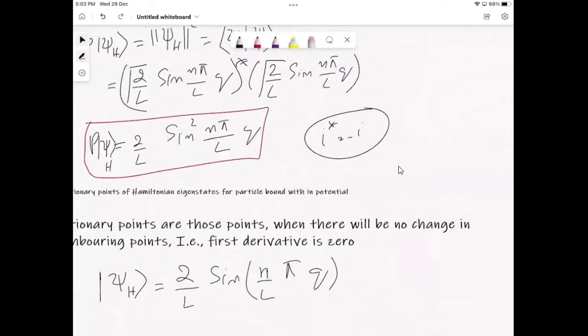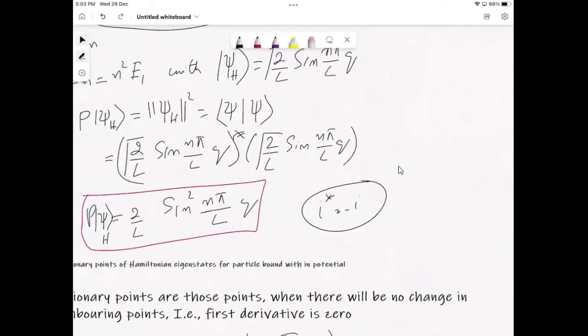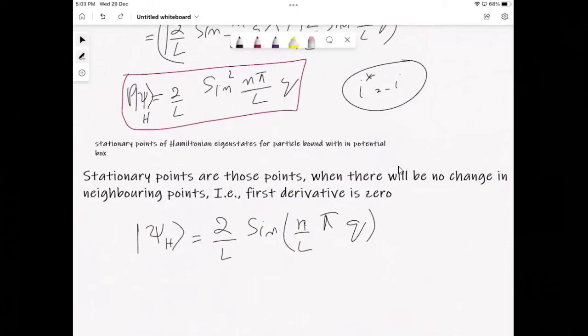Oh no, sorry, there will be a square root. This is the expression. Okay, how we will find the first derivative? First derivative with respect to change in position, because it is changing with respect to q. So one would take the derivative.